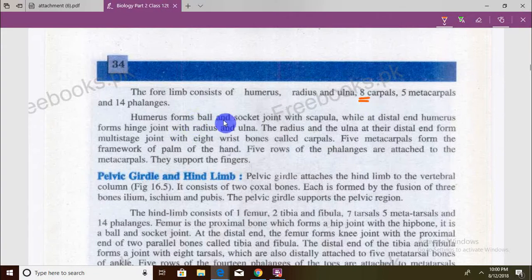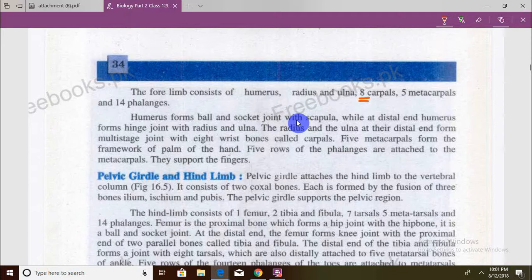The humerus forms a ball and socket with the scapula, and they can ask you with which bone the humerus forms a ball and socket. If in the options it is written the pectoral girdle, beware, that is not the right answer, because that is a girdle, and if they've given scapula in the option, that is the right one.